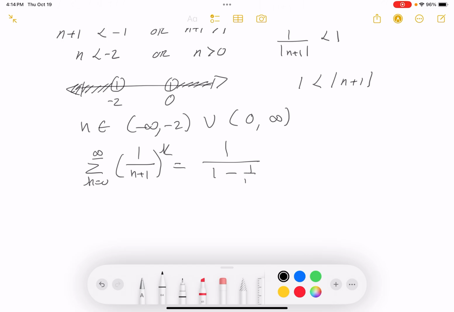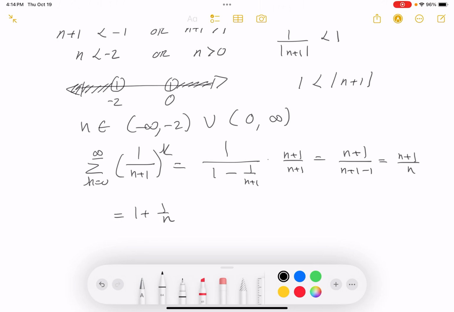And what's the common ratio? 1 over n plus 1. And I'm going to multiply top and bottom by n plus 1 next. It just doesn't look right to me. And what do you get? n plus 1, and on the bottom you get n plus 1 minus 1, which is just n. So what do you really get over here? You get 1 plus 1 over n.